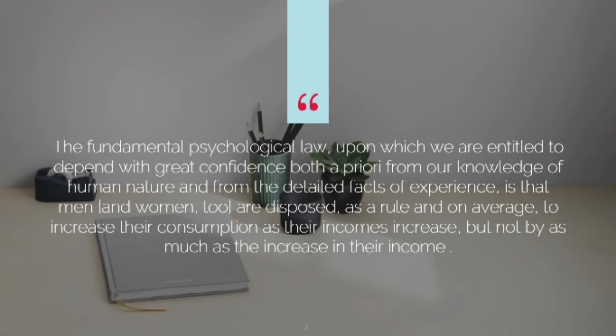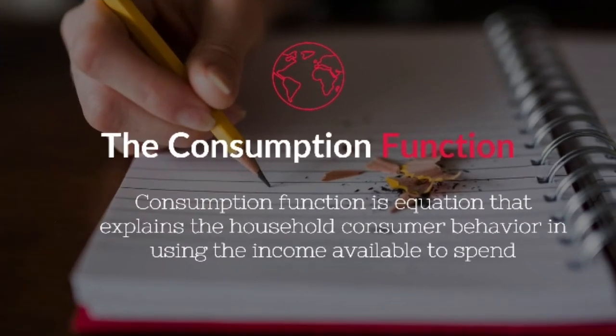He predicts, based on his looking at the data and his understanding of people, that the rise in consumption will be less than the full rise in income. This simple observation plays a large role in helping us understand the workings of the aggregate economy. The relationship between consumption and income is called a consumption function.